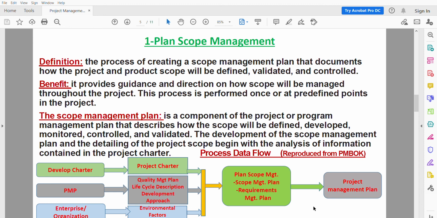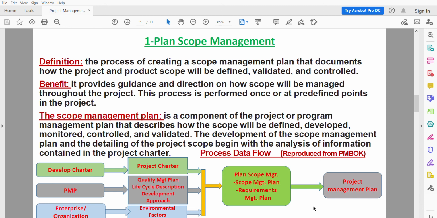Also, an input to this process is the organizational process assets, which are the policies and procedures of the organization, and also the historical information and lessons learned database. So what are the tools and techniques used in this process? The first one is expert judgment.